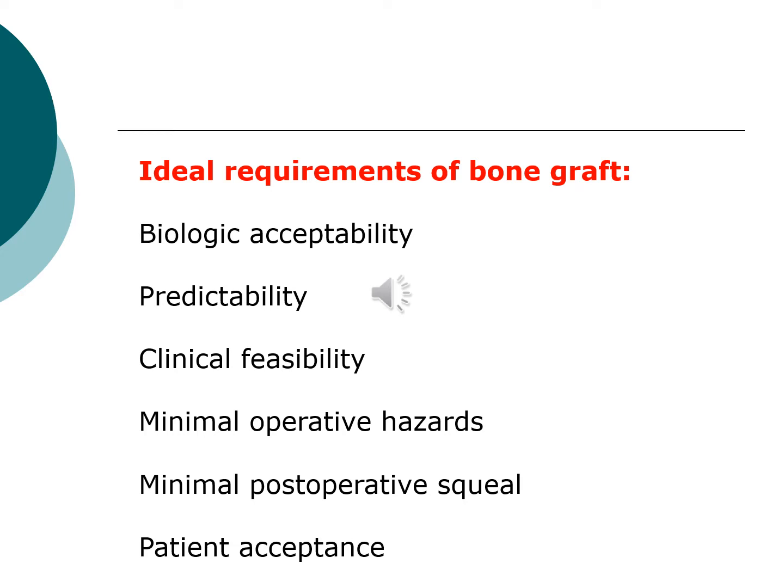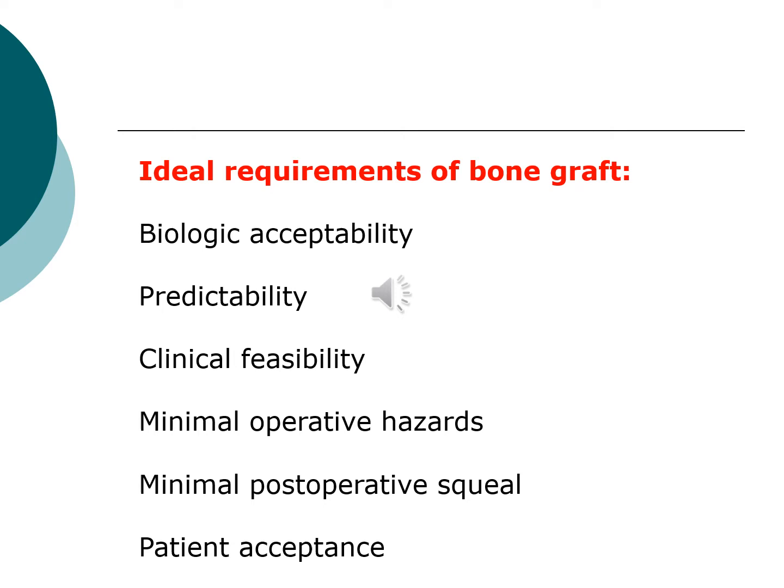Some of the ideal requirements of a bone graft would be it should be biologically acceptable, no doubt. It should give us predictable results, and it should be clinically feasible, with enough material available. If it's an autograft, it should be easily procurable. If it's an allograft, we should get it in sufficient quantities.